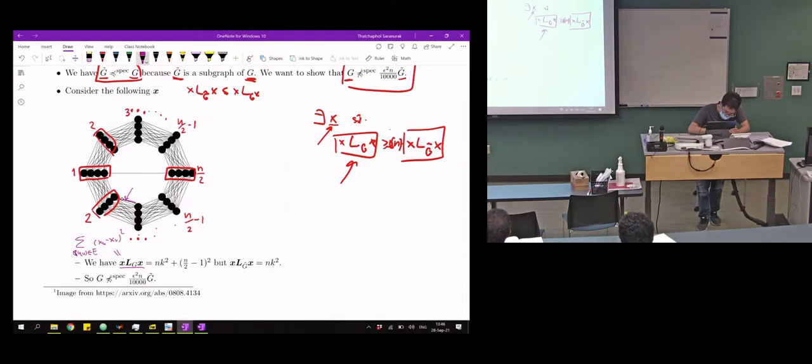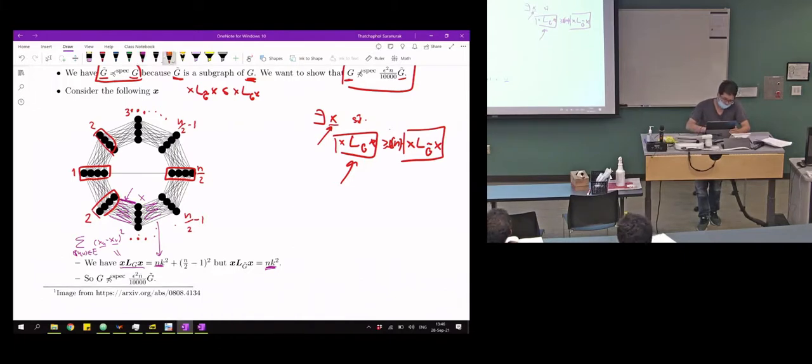So what is the contribution of each edge here to the sum? Just 1, right? Each of them contributes 1 because xu and xv differ just by 1. So for all of these edges, you get this. You will get the same thing for G tilde. It's just nk squared, both of them.